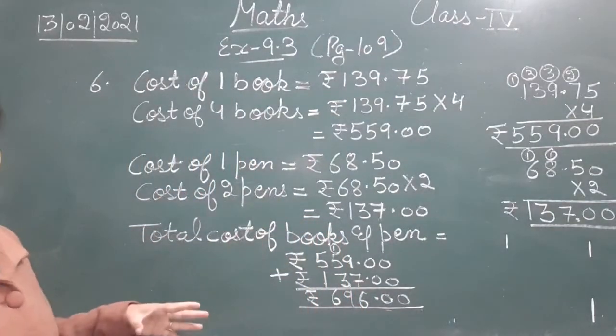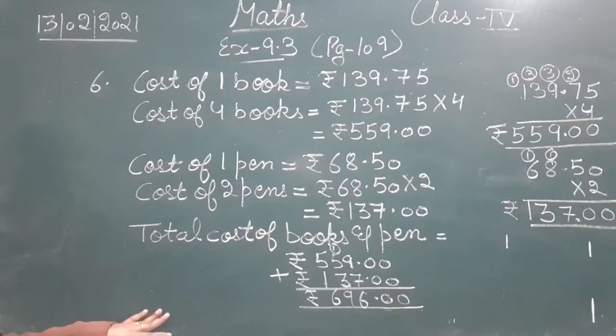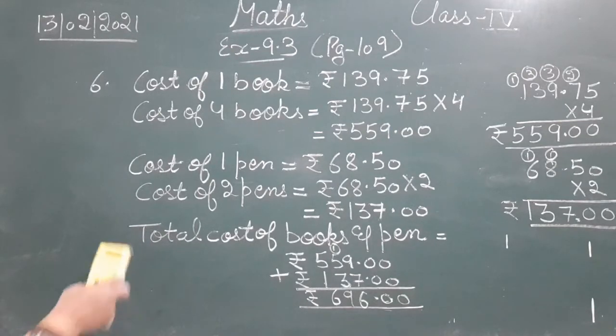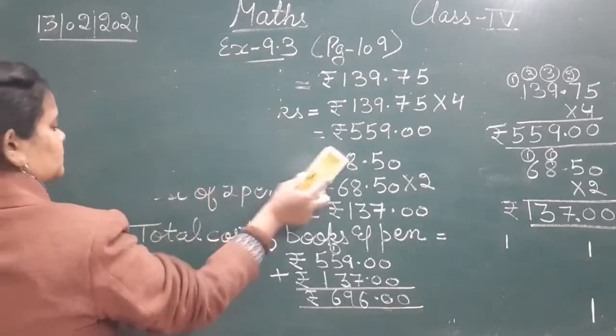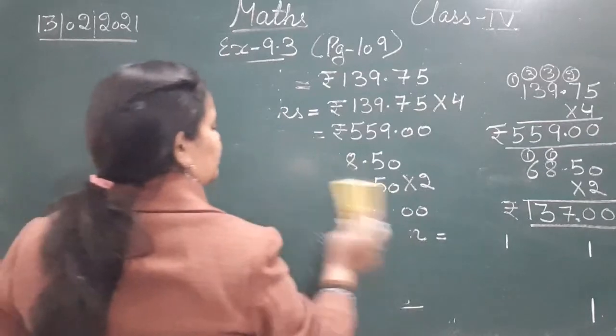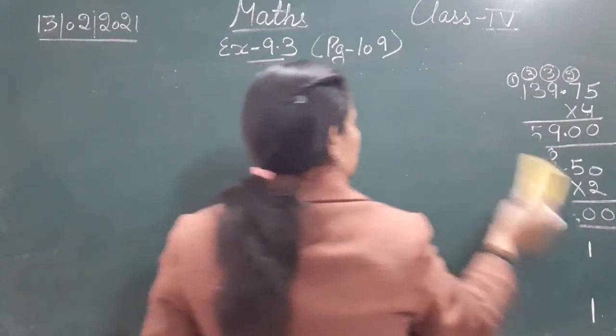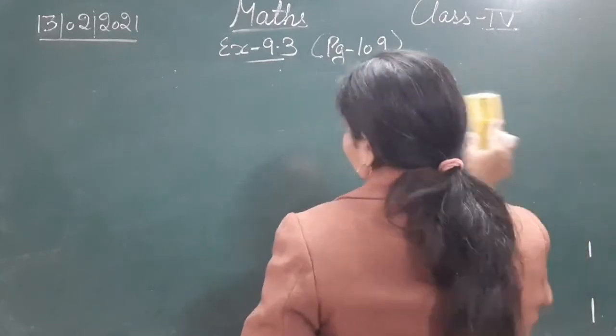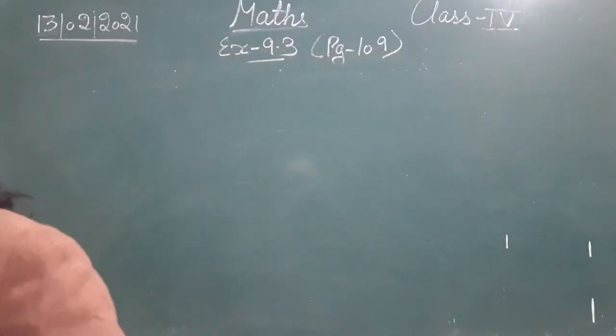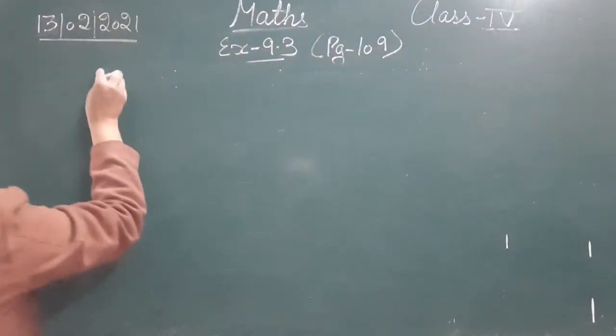So this is the A part, where we have calculated the total amount that she needs to pay. Now let's calculate the balance that she will get back. This is not the complete sum, the sum is still left. Don't forget that. So let's move to the B part of question number 6.